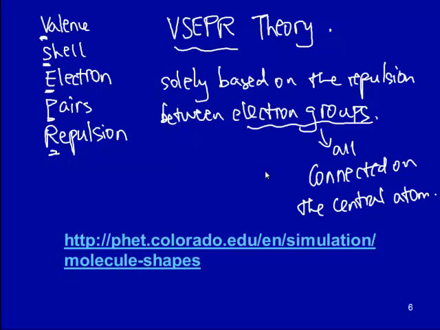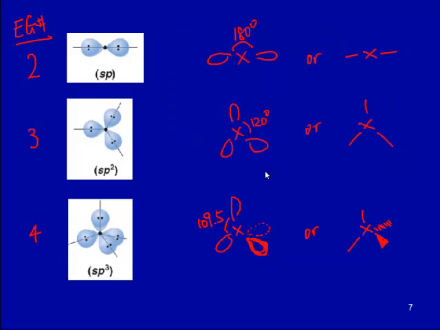So this strong repulsion and the desire to maximize the distance between the electron groups determine the shape of the electron groups. Subsequently, we're going to discuss in this podcast the shape of the molecule.